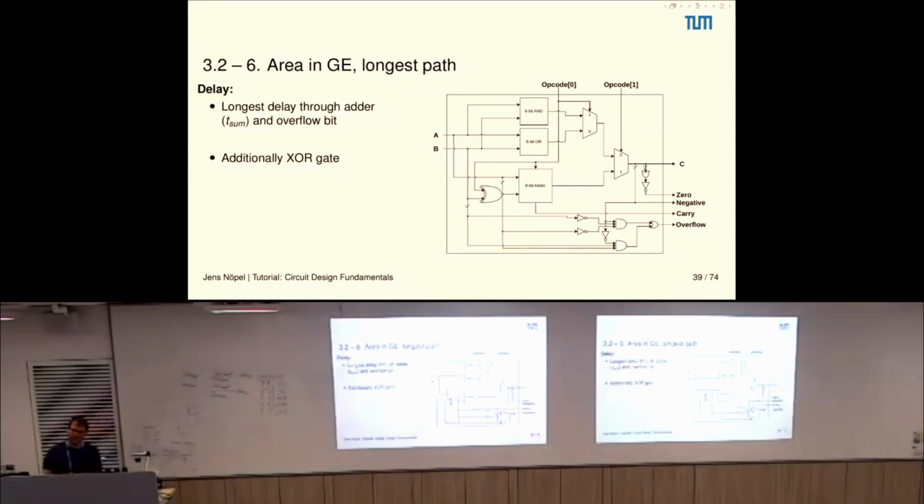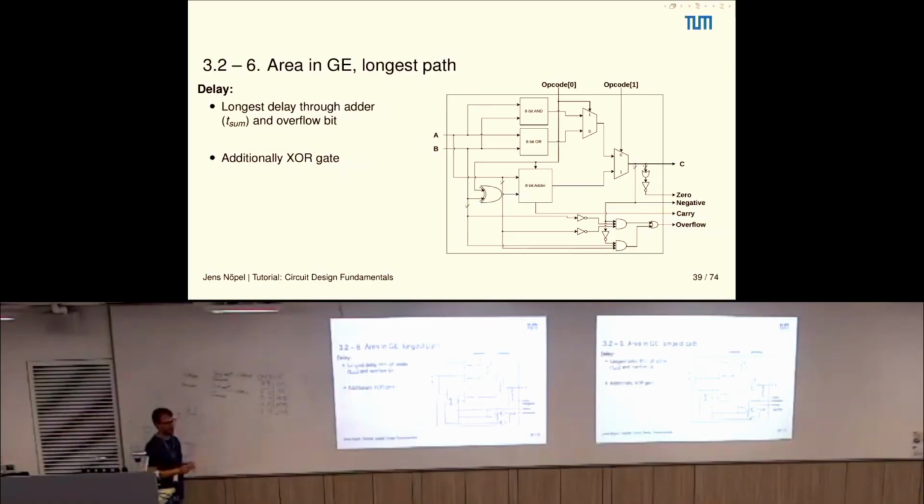Can you repeat that again? Okay, why do I divide that? That's a very good question, and it is done because let's assume you do this for one technology. Maybe we do it differently.